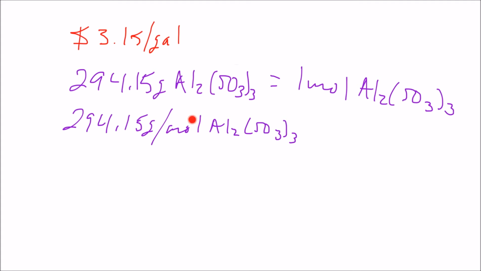So even though we don't have 1 right here, we know that that's true. It's the same thing as all other conversion factors like that. So this is $3.15 for every 1 gallon. This is 294.15 grams for every 1 mole.